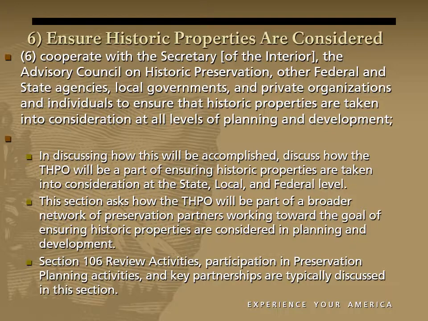This section asks how the THPO will be a part of a broader network of preservation partners working toward the goal of ensuring historic properties are considered in planning and development. Section 106 review activities, participation in preservation planning activities, National Register nominations and reviews, and key partnerships are typically discussed in this section.